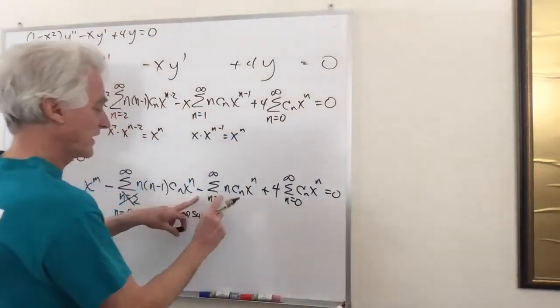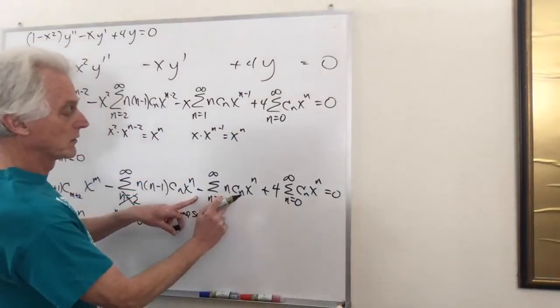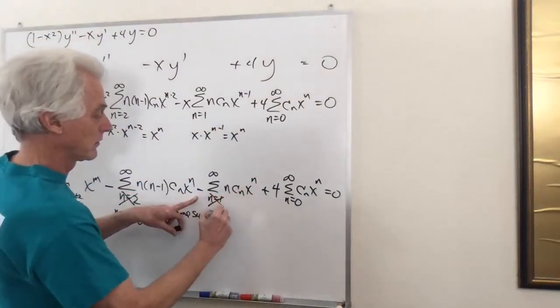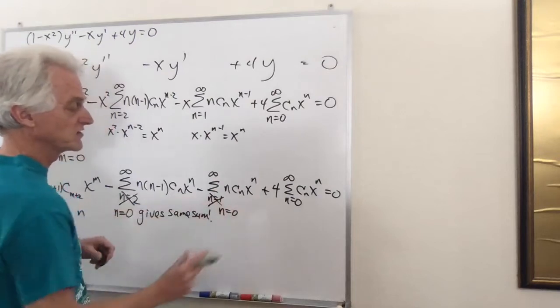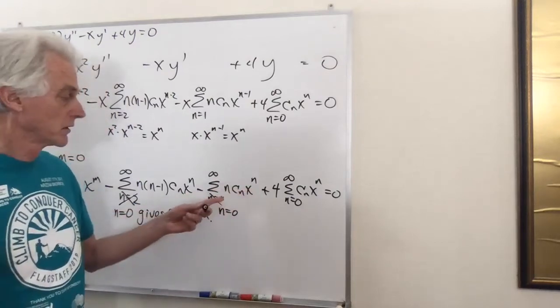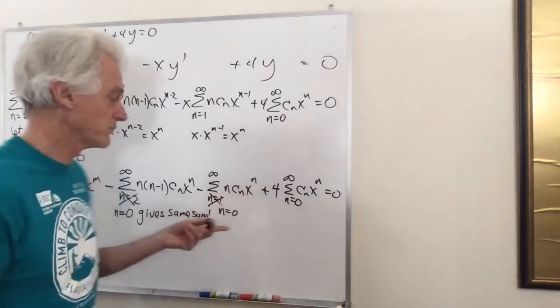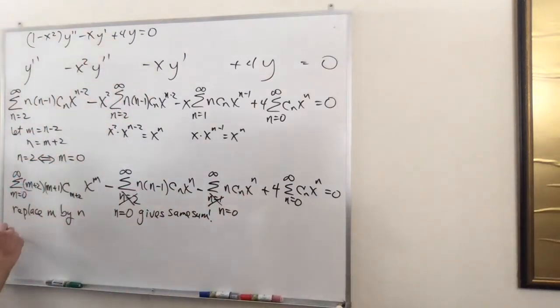And here, the same thing happens. When n equals 0, if I start the sum from n equals 0 to infinity, I get the same sum, right? So let's just rewrite it again.